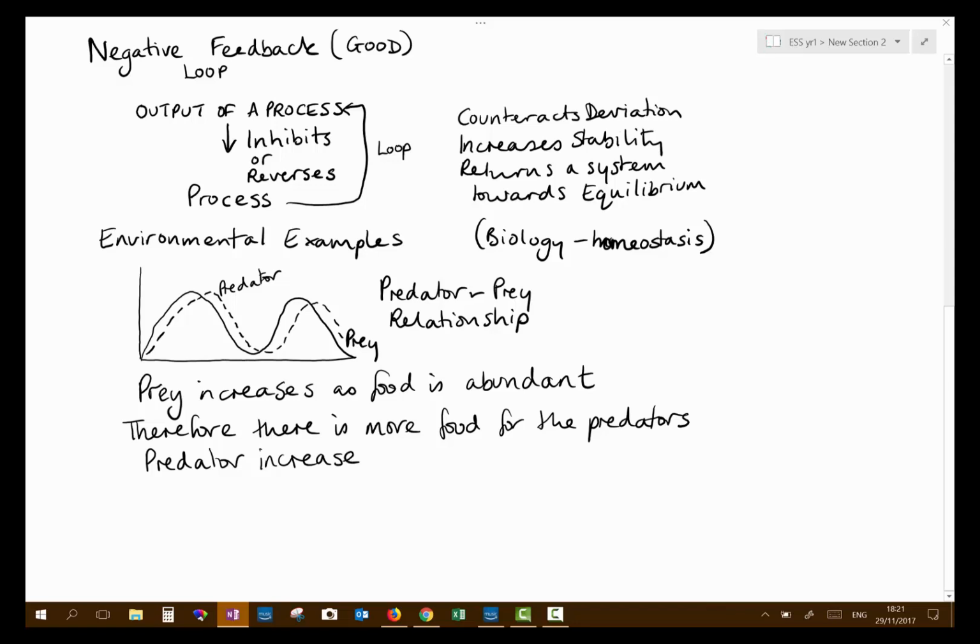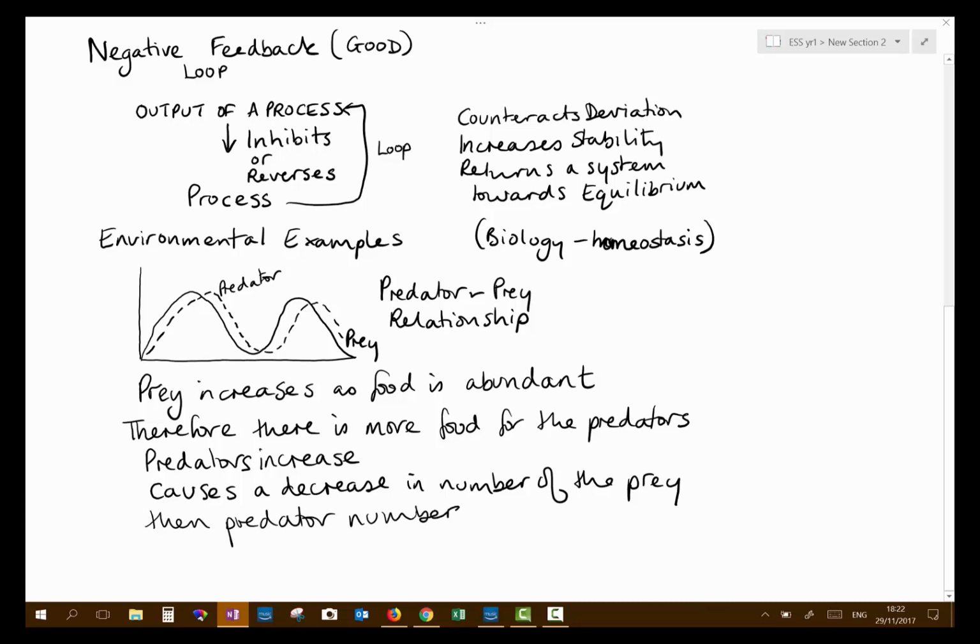And now you're going to get to that inhibition piece, because the predators increase. The predators increase causes a decrease in the number of the prey. And then predator numbers decrease.